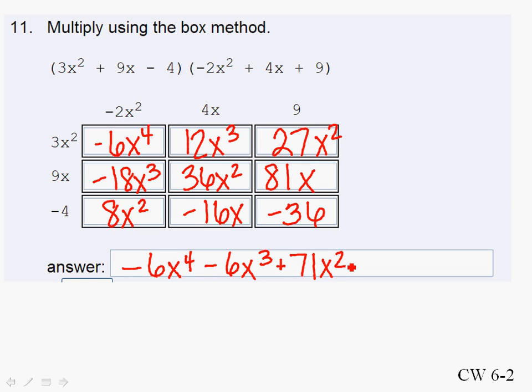Negative 16x and 81x leaves us with 65x. And negative 36 is the only constant term. So our final answer is negative 6x to the fourth, negative 6x cubed plus 71x squared plus 65x minus 36.